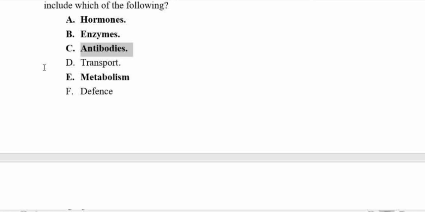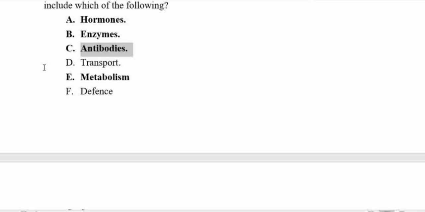What do they do? They allow substances to enter and exit cells. And then again, we know of some other proteins which transport molecules in the blood of human beings and other animals.